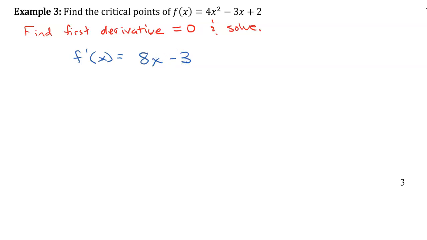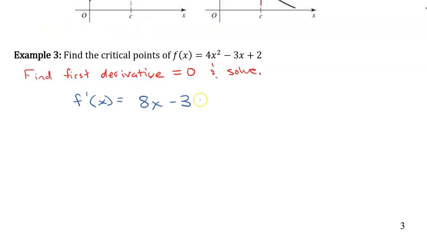So we're going to set that equal to 0, and we're going to solve for x. So that means 8x equals 3, and x equals 3/8. So at the point x equals 3/8, we have a critical value. And the critical value means that we would have either a max or a min there. We don't quite know which one yet, but we'll get there.